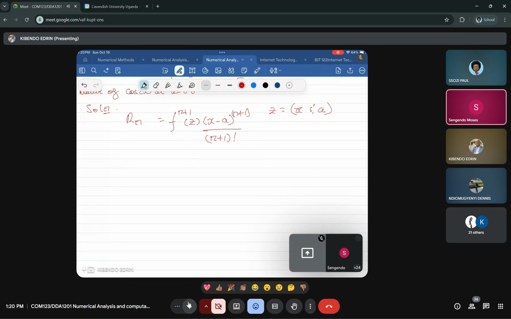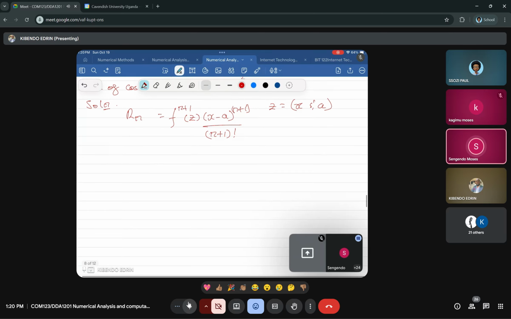Now, if it is second polynomial, what will be N? It will be 2. Now instead of N, write 2 everywhere. Okay, substitute N is equal to 2. Then we see what we want now.